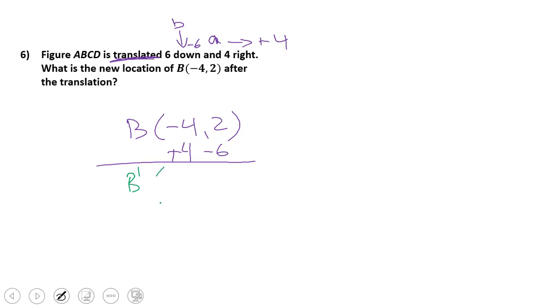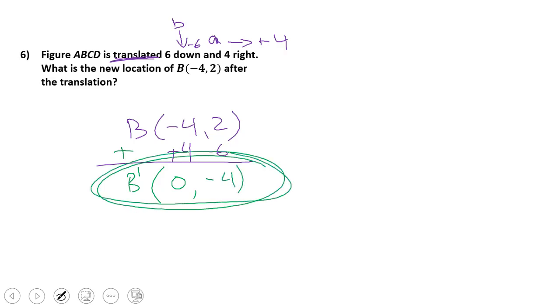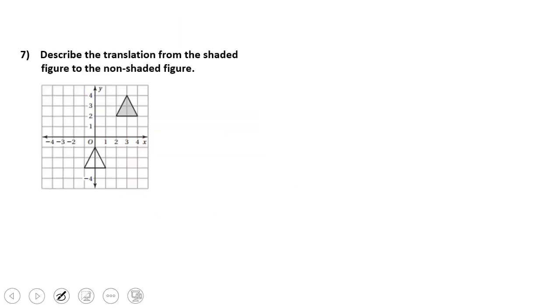So in our new location of B prime, -4 plus 4 is 0, and 2 plus a -6 is -4. So our new location of B prime after that translation would be at 0, -4. Go ahead and pause, get this one written down, and move on to the next example, which is number 7.